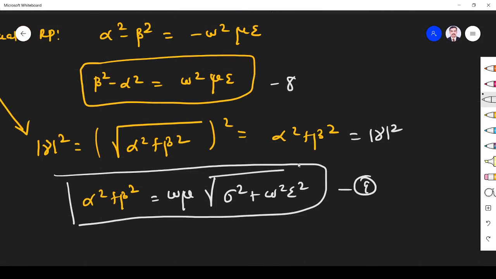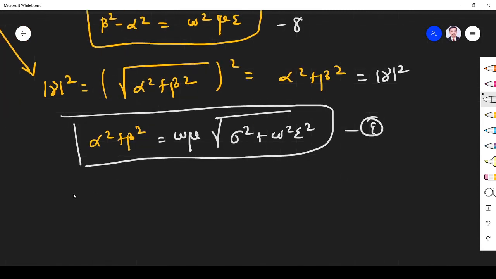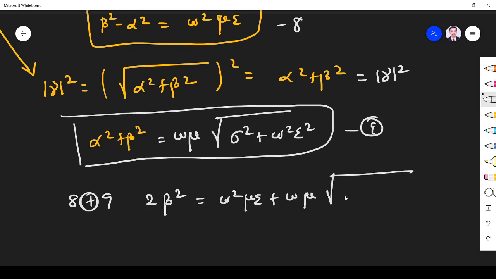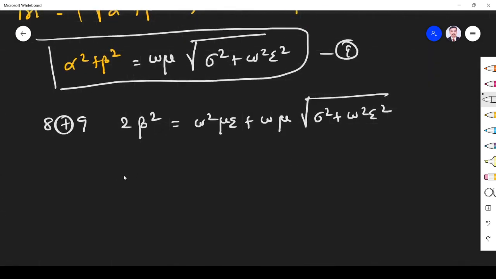If you add 8 and 9, you get 2 beta squared equal to omega squared mu epsilon plus omega mu times the square root of sigma squared plus omega squared epsilon squared. Let us simplify.